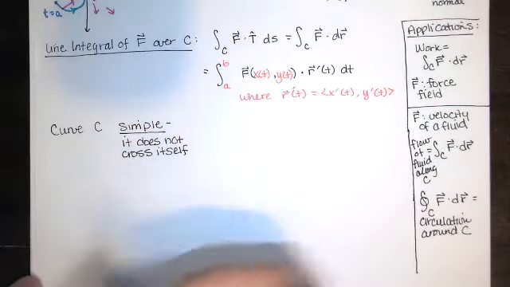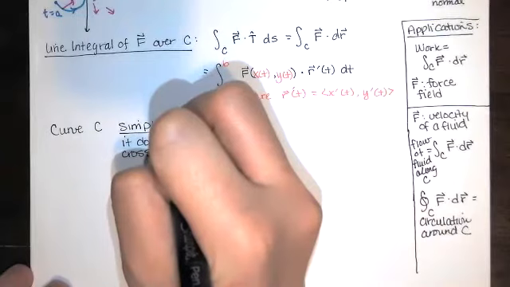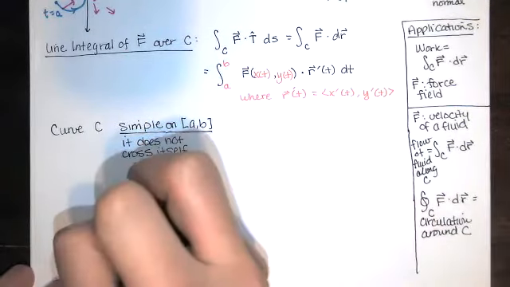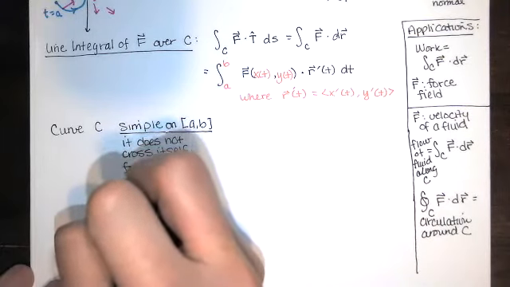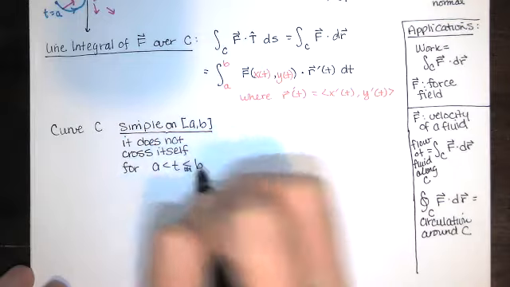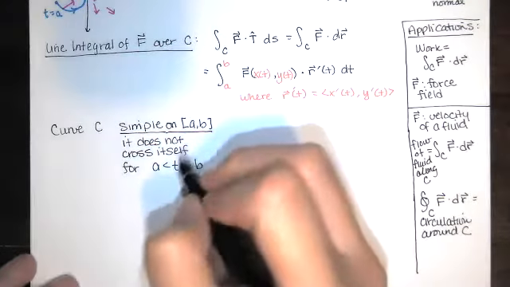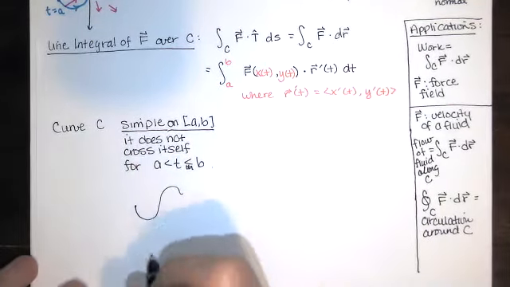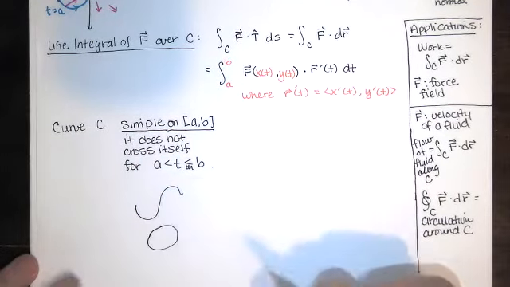We'll say it's simple on the interval from A to B if it does not cross itself for T between A and B, not including A and B. So here is a simple curve. That's simple. This is also simple.